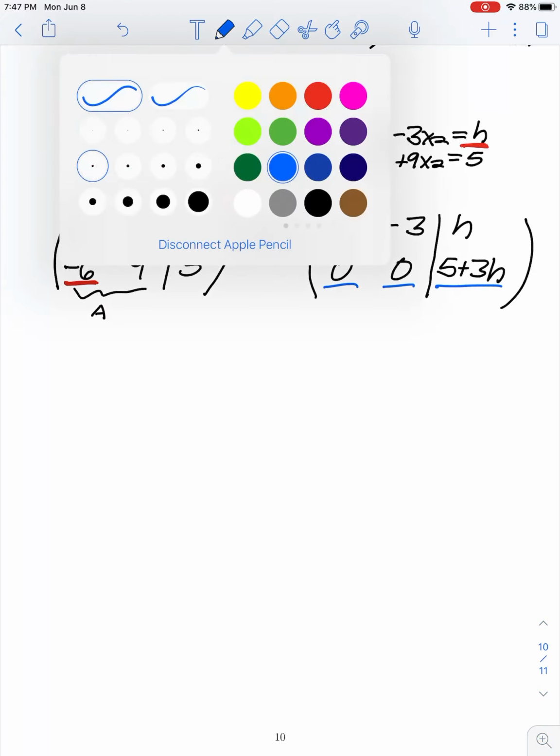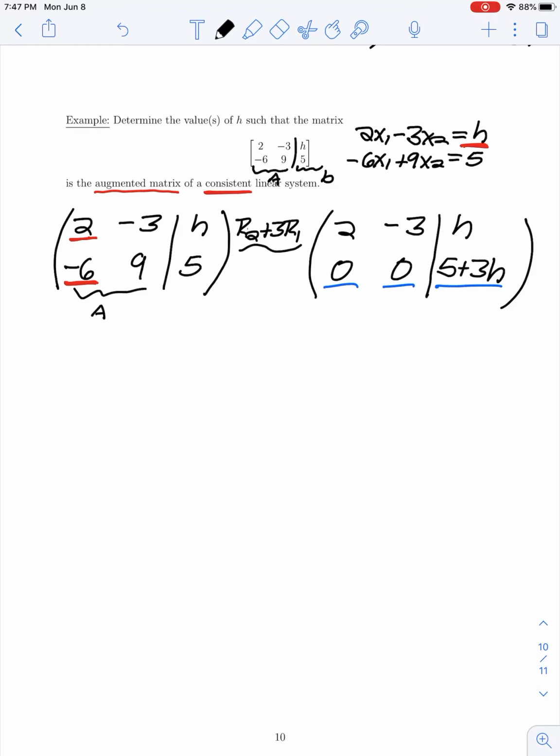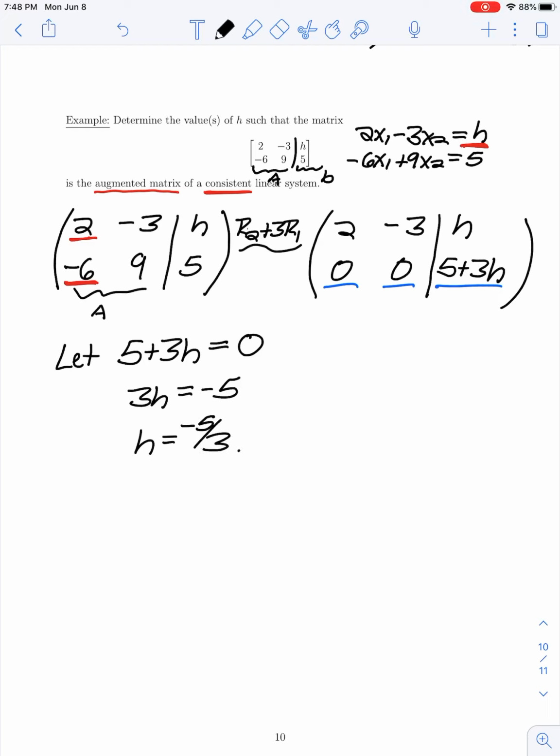Now, the only way that that second equation can hold is if our constant, 5 plus 3h, is indeed equal to 0. So now we can solve for h. We have 3h would have to equal negative 5. So h would have to equal negative 5/3 in order for a solution to exist.